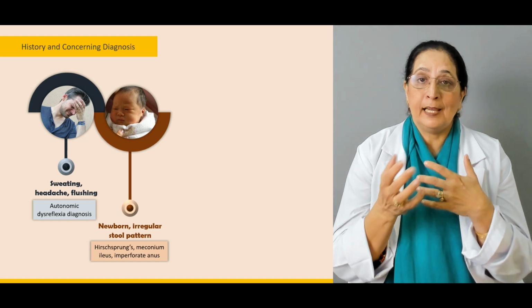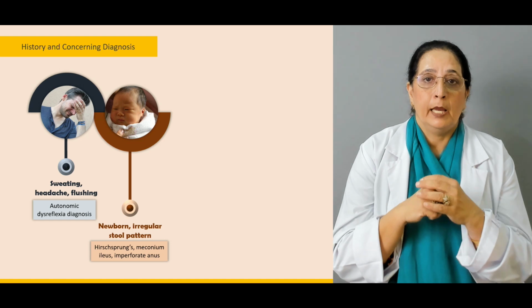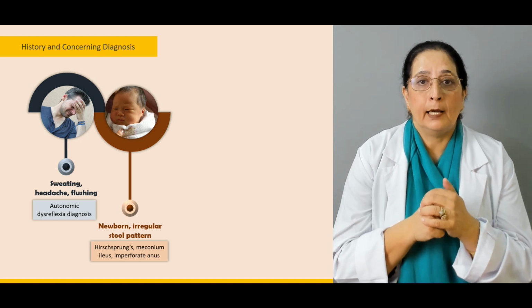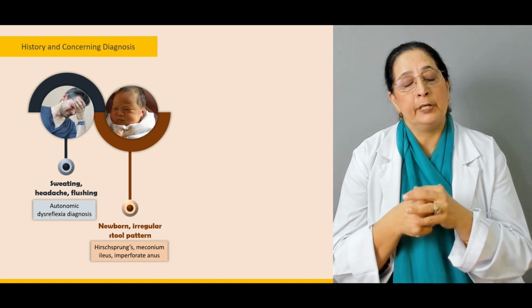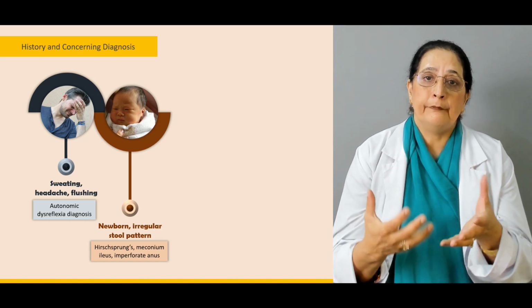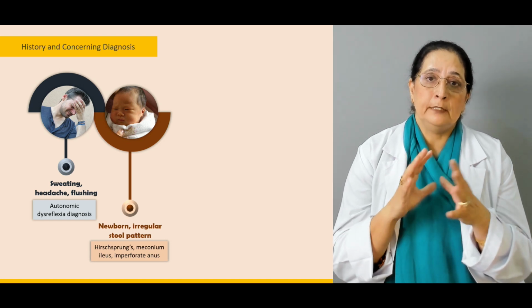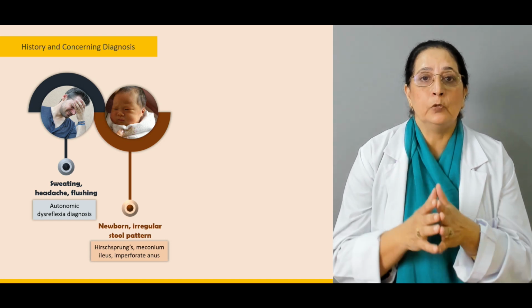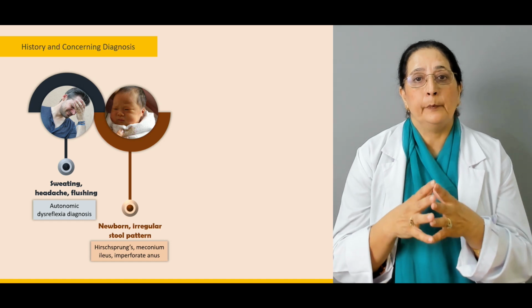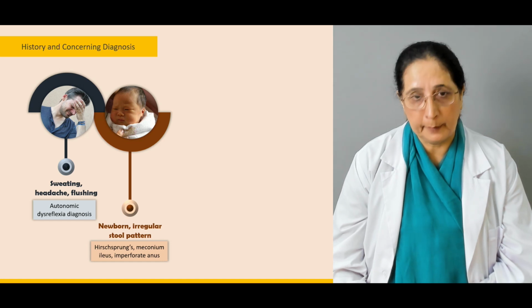Then meconium ileus, thick meconium causes obstruction. And then imperforate anus: if there is no opening, definitely there is no defecation. All these we can very easily diagnose on the abdominal x-ray. So this is very common in newborn babies.